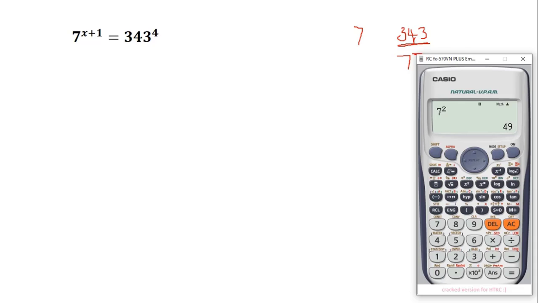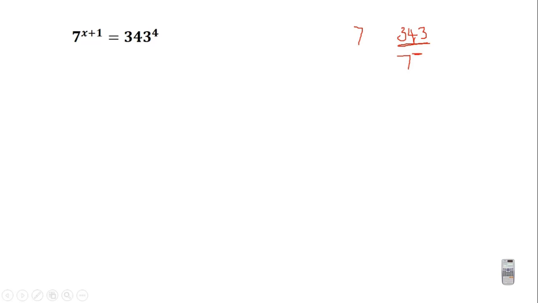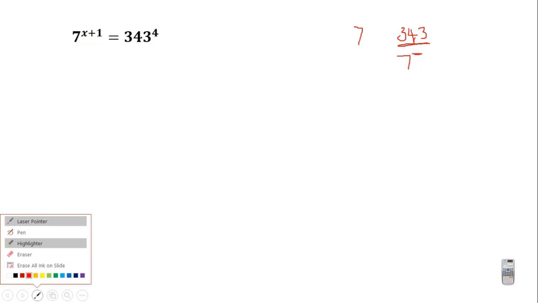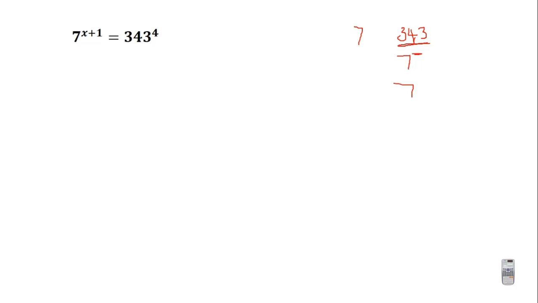It's smaller than 343. So let's increase the exponent to, let's say, 3. 7 exponent 3 is giving us 343. So it means that the number we are looking for is 3. So we have come to see that 7 exponent 3 will give us 343.